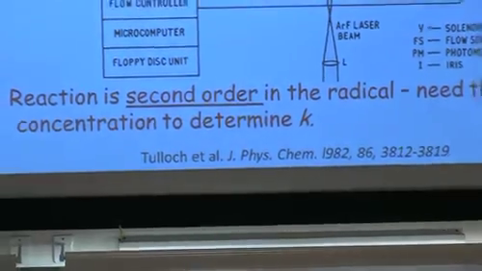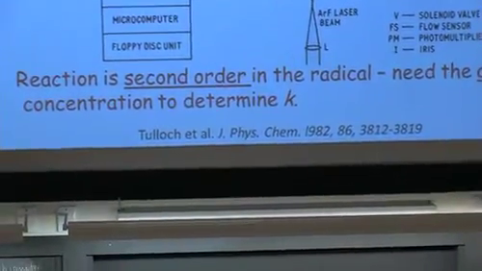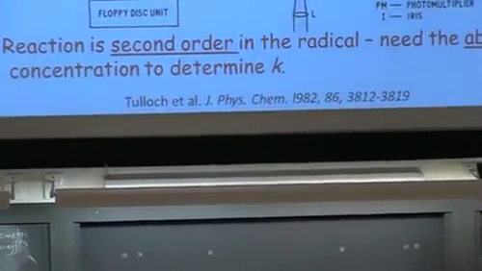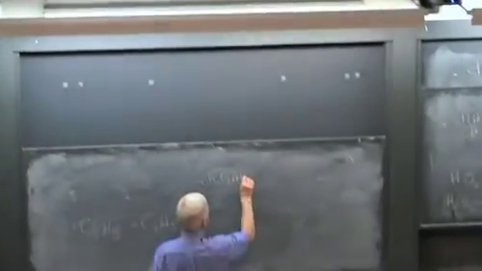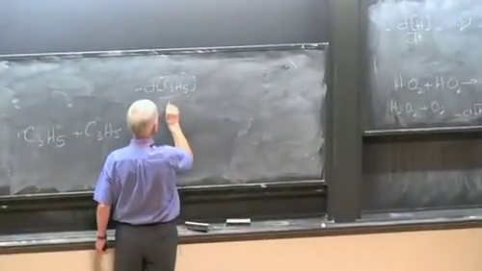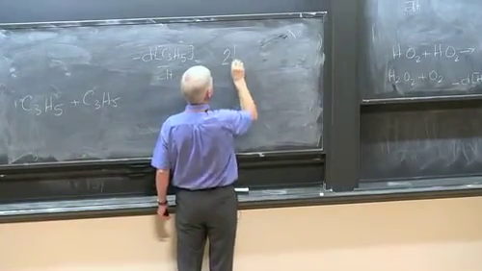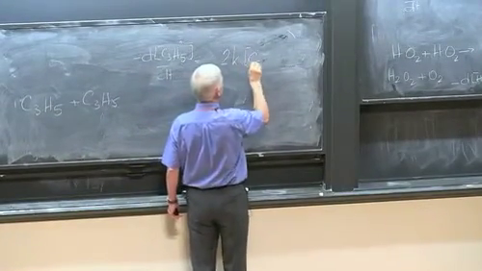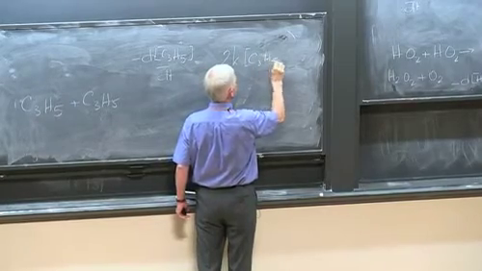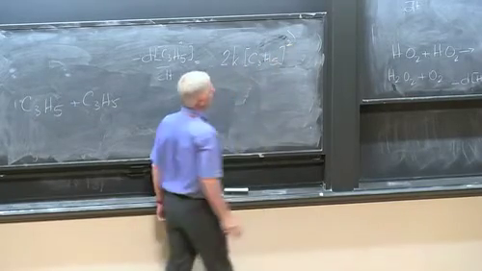So we're going to get that minus d[C3H5]/dt is going to be equal to 2 times the rate coefficient times [C3H5] squared.